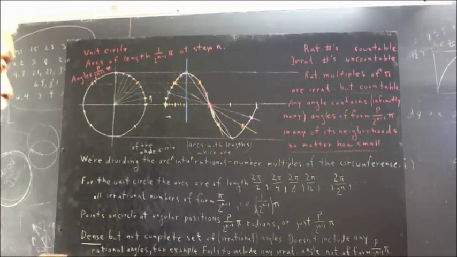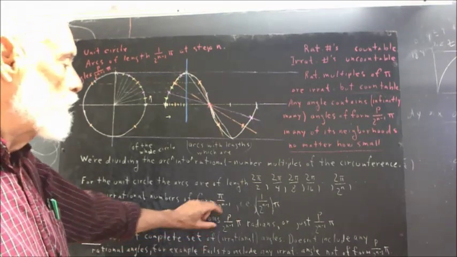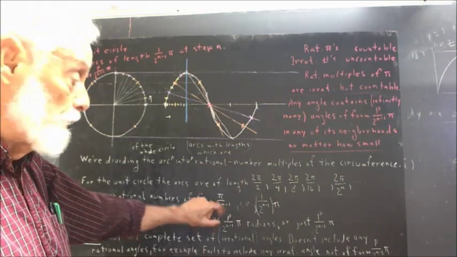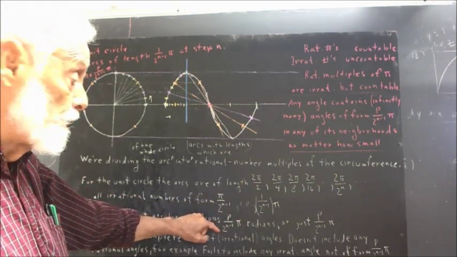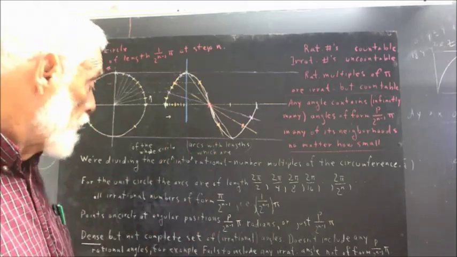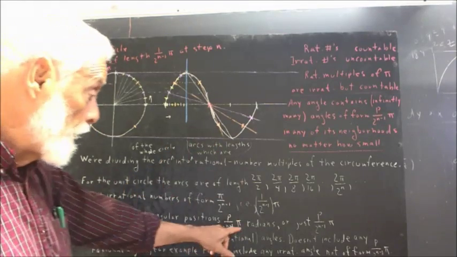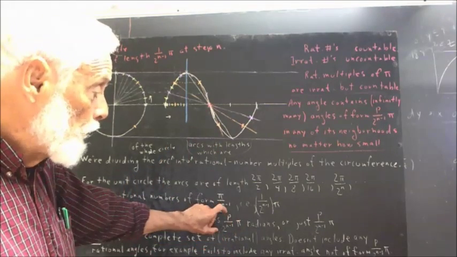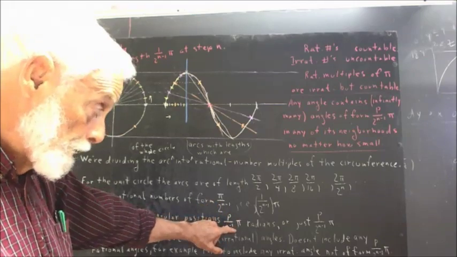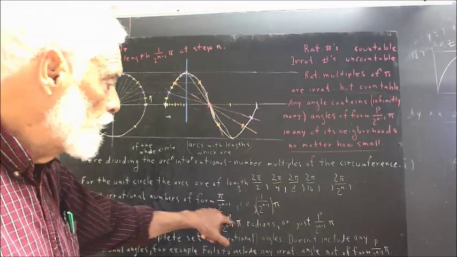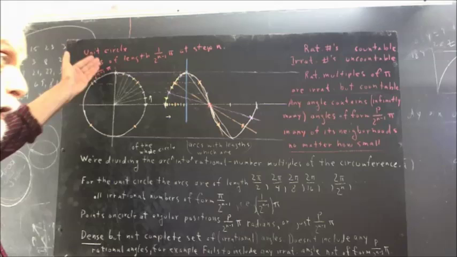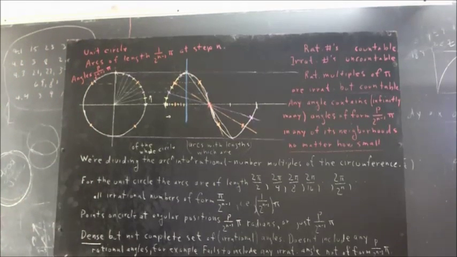It's interesting to note that this is always a rational number, a whole number over a whole number, or an integer over an integer. But pi being irrational, this is a rational multiple of an irrational number, so all these angles and all these arcs are irrational. We'll get into what that means in a minute.